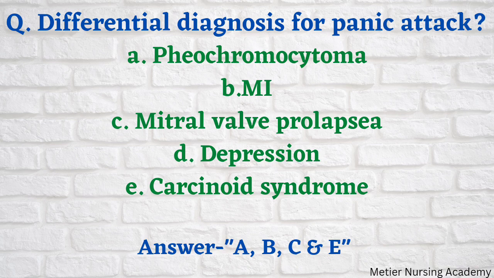So the liver is getting affected, and it creates some symptoms similar to a panic attack. That's why carcinoid syndrome also comes under what? Differential diagnosis of panic disorder. On the whole, which one does not come under differential diagnosis? Depression. That's why options A, B, C and E are correct.